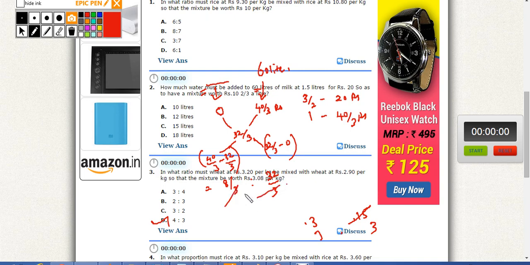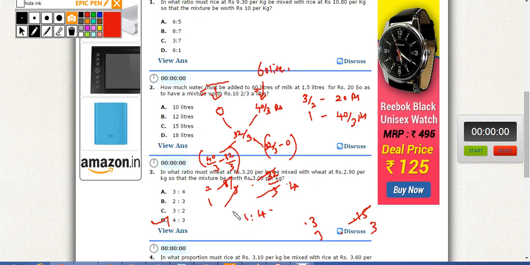This 3 and this 3 go, this is 1, this is 4. So we get this particular ratio. So what does that mean? That means that for 4 parts of milk, for example, if there were 4 liters of milk, I have to add 1 liter of water.